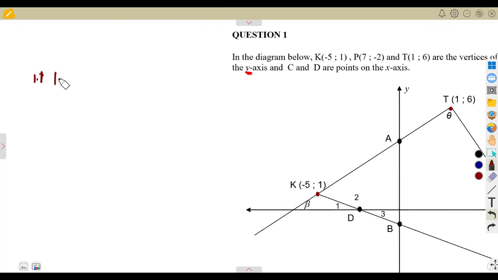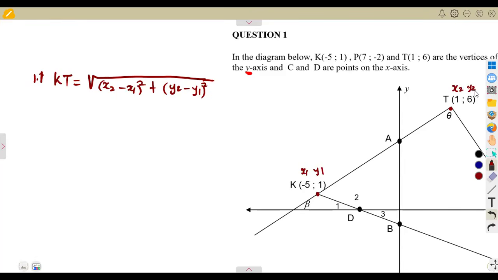We know the length of a line is taken from our formula: the square root of x2 minus x1 squared plus y2 minus y1 squared. This is just a repetition of what we talked about. From the line KT, you can consider K as your x1, y1, and T as your x2, y2.